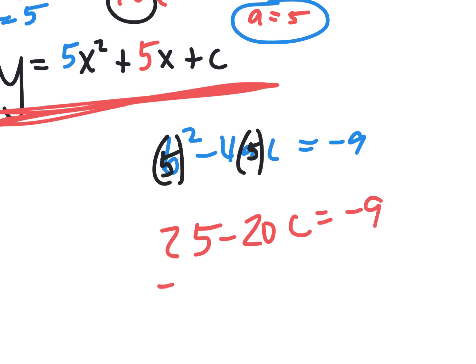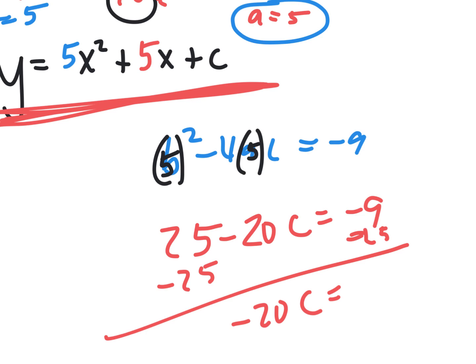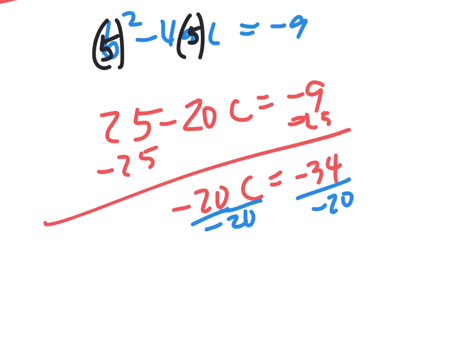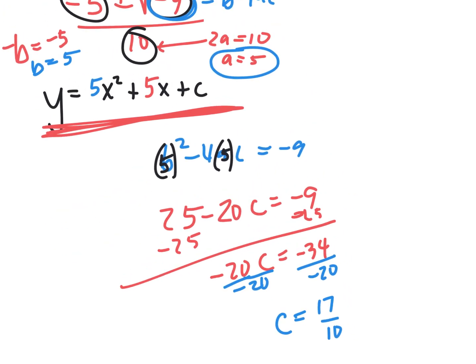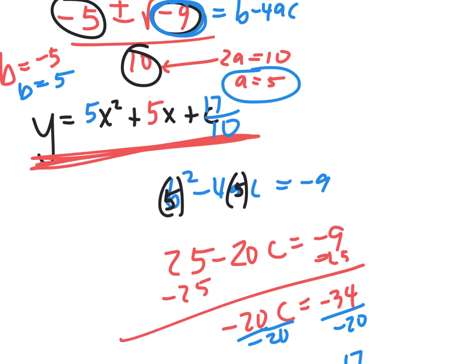Okay, compare your answer with the kid next to you. 44 over 20. I got 17 tenths. Oh, that's what I got. Yeah, 17/10. So then I put a 17/10 here, and I've got my equation.